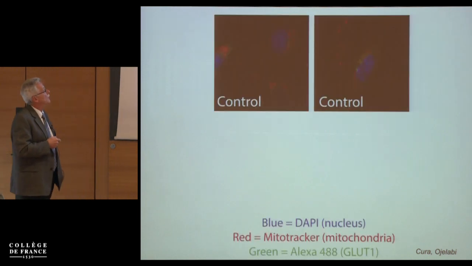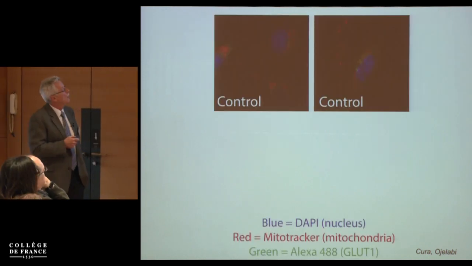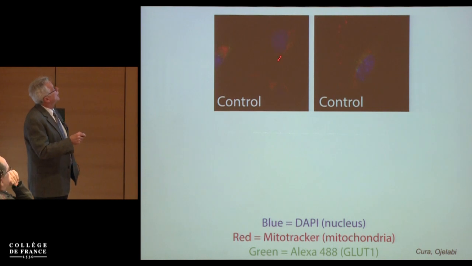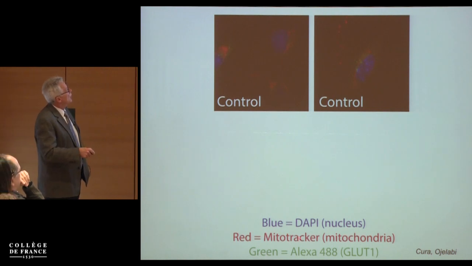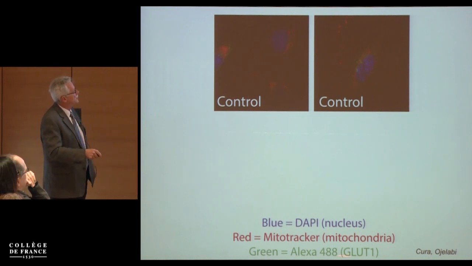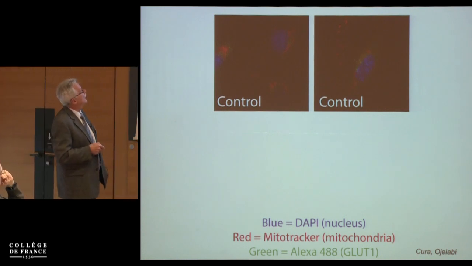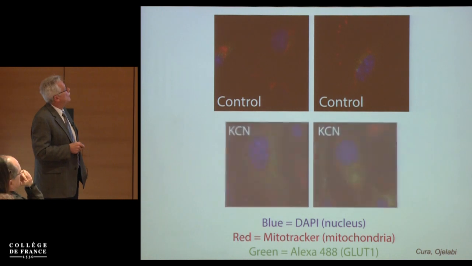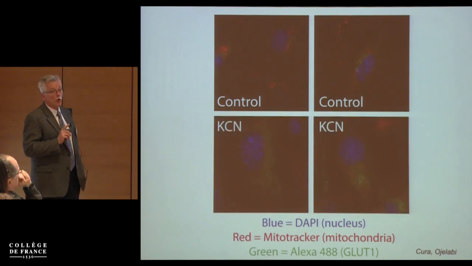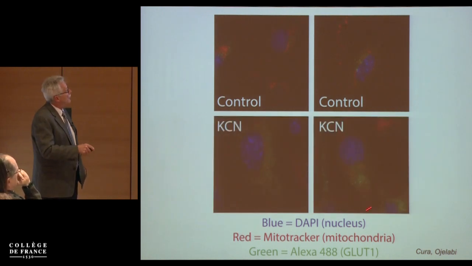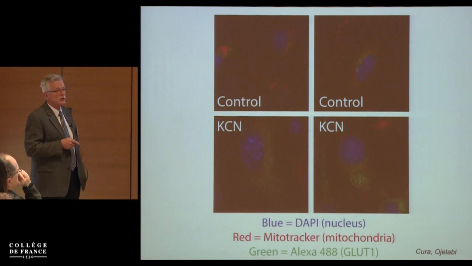And if we do immunohistochemistry, where we've labeled the nuclei, the mitochondria, and glucose transporters with Alexa 488 labeled antibody, you can see that when we poison the cells, these are non-permeabilized cells, there's a robust increase in the amount of cell surface glucose transporter.